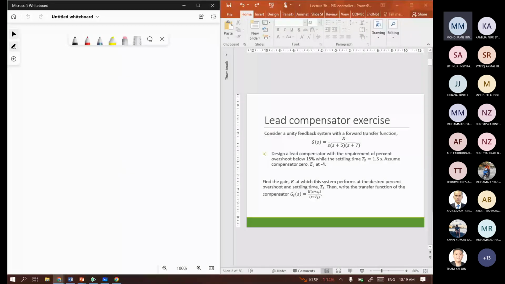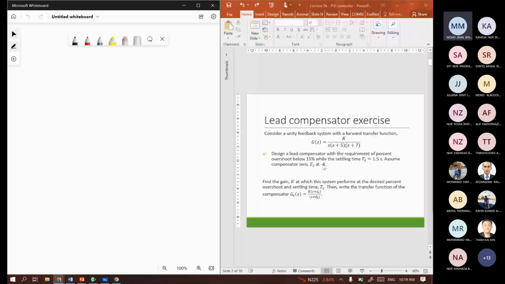Okay, so consider a unity feedback system with the forward transfer function below: G(s) equals K divided by s times (s plus 5) times (s plus 7). Design a lead compensator with a requirement of percent overshoot below 15%, while settling time Ts equals 1.5. Assume compensator zero, Zc, at -4.